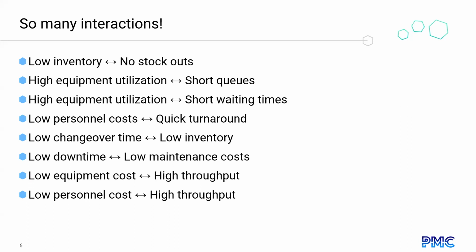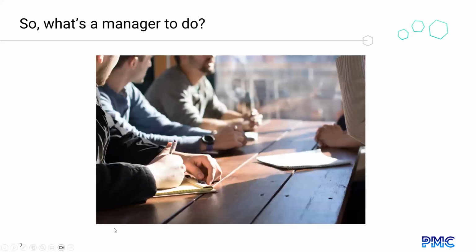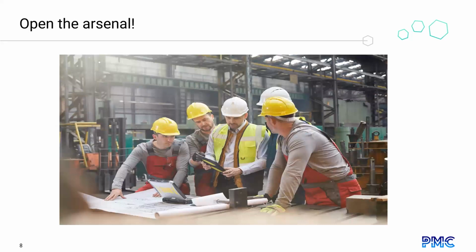I'd like my downtime to be low, but maintenance costs low also. And low equipment and personnel cost are frequently at odds with the high throughput I'd like. So what's a manager to do? Open up the arsenal.